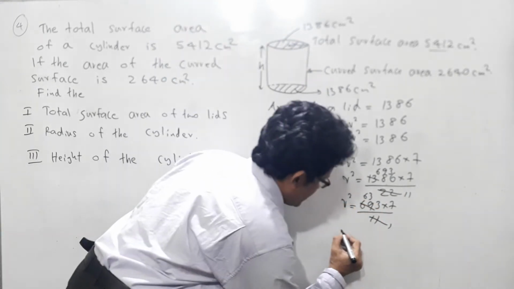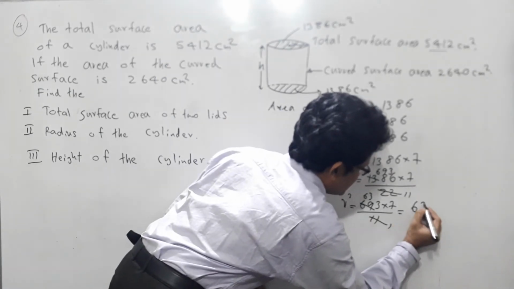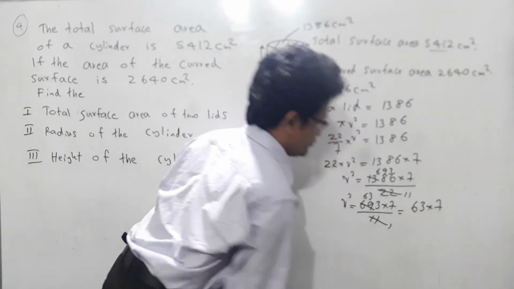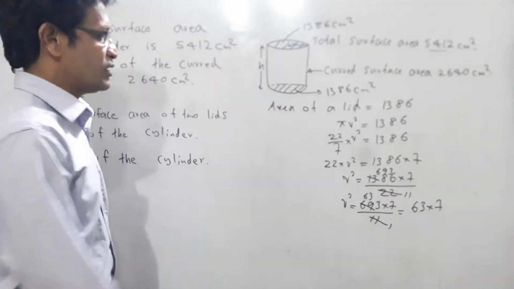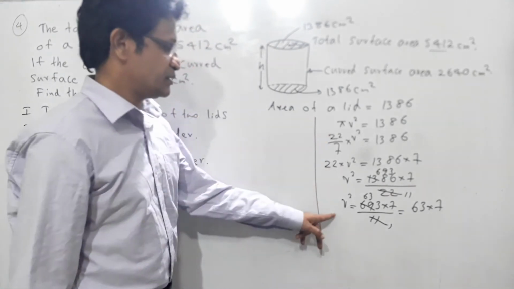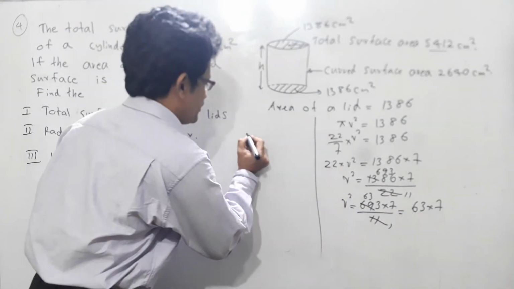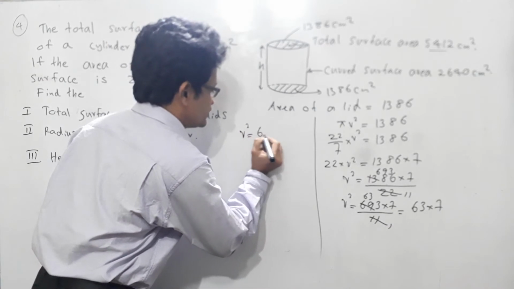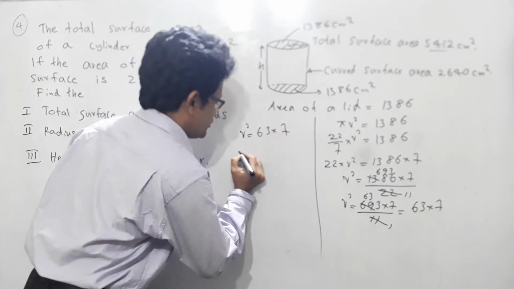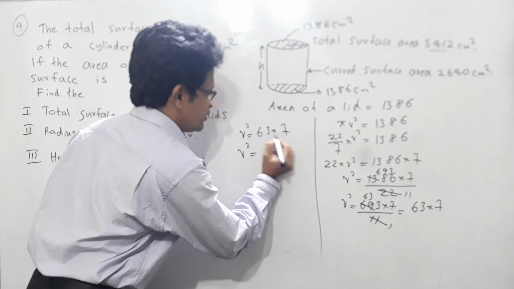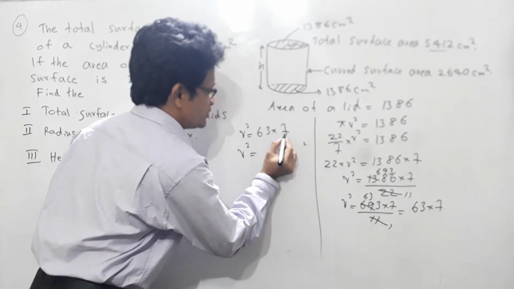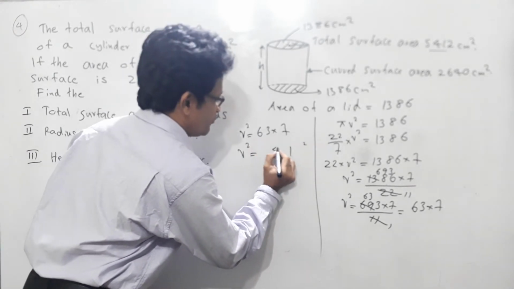Now r squared equals 63 into 7. That means 7 into 3 is 21, 2 remain, 7 into 6 is 42, 44, so 441.